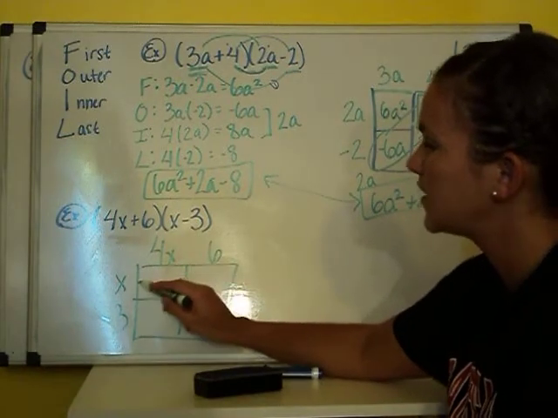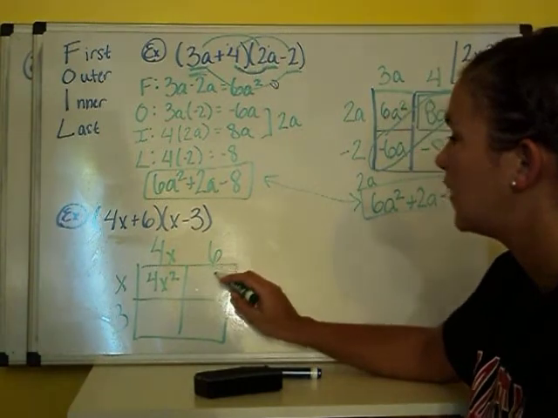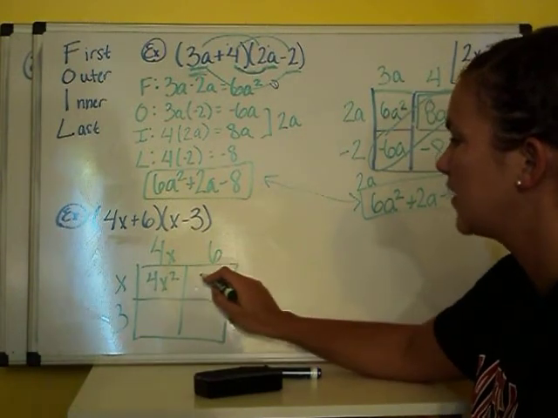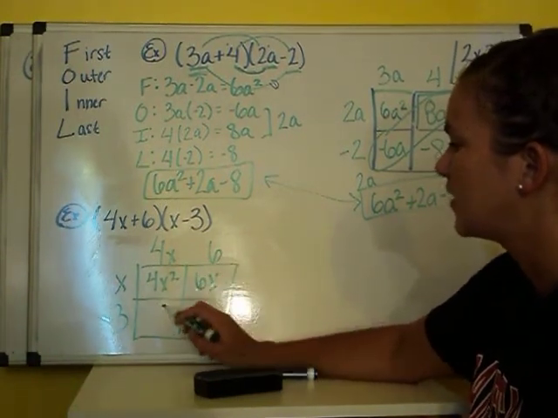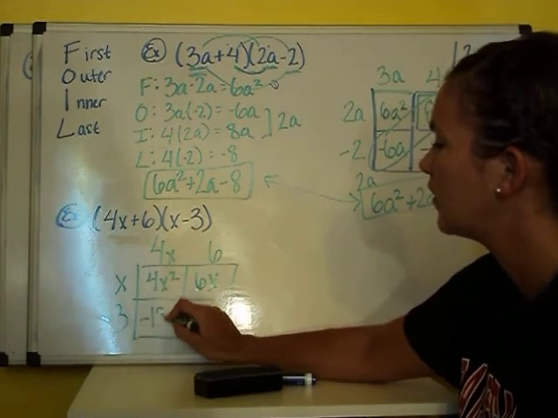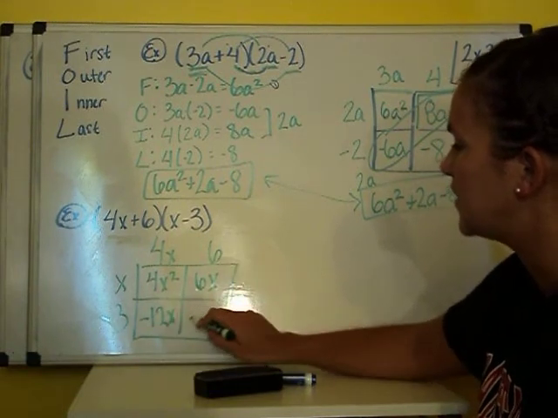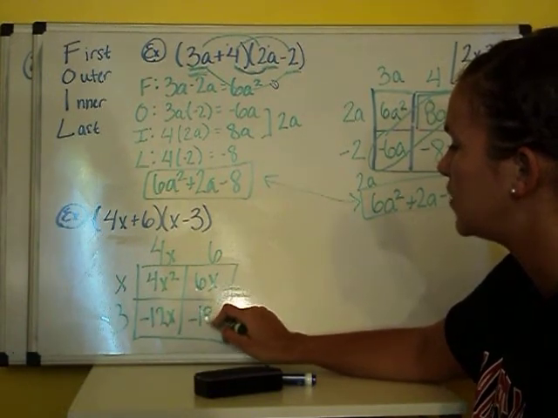This one is 4x times x, which is going to give me 4x squared. This is 6 times x, which is 6x. This is 4x times negative 3, which is negative 12x. And this is 6 times negative 3, which is negative 18.